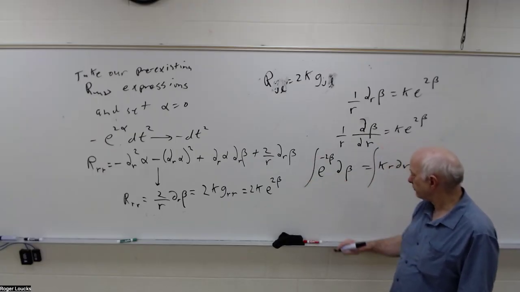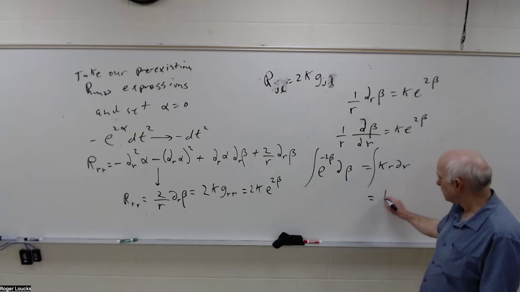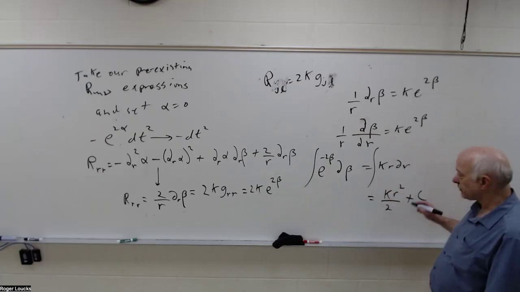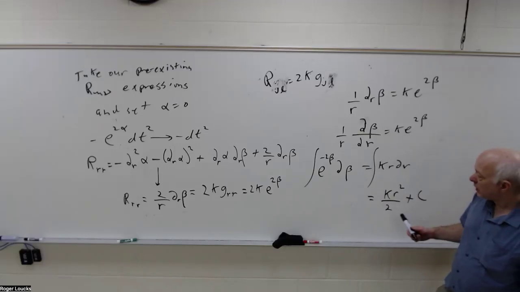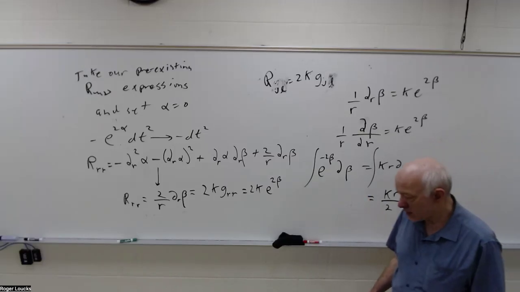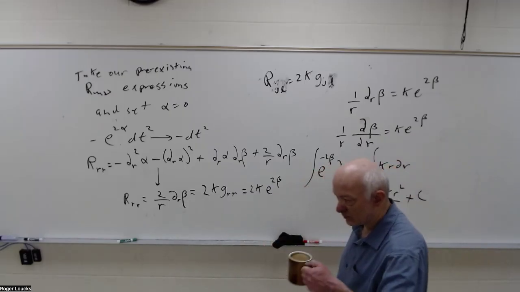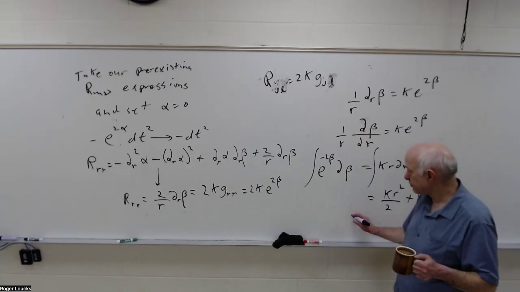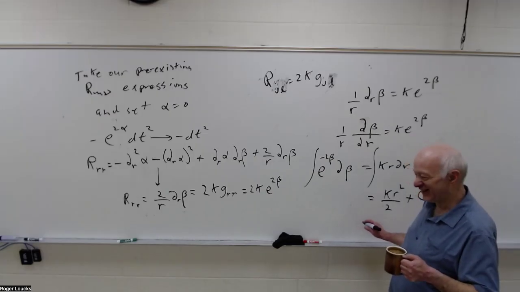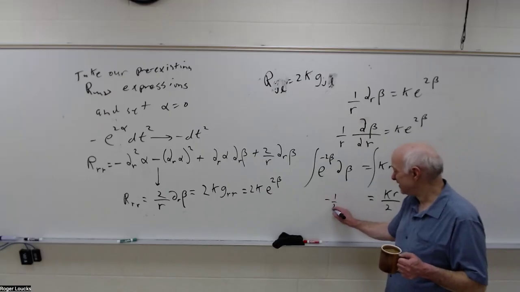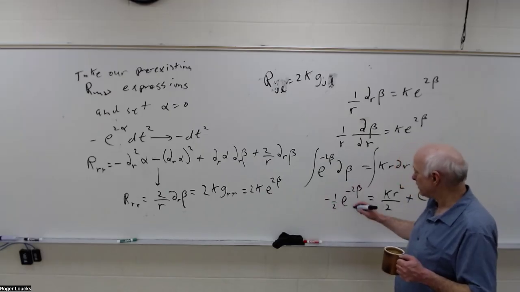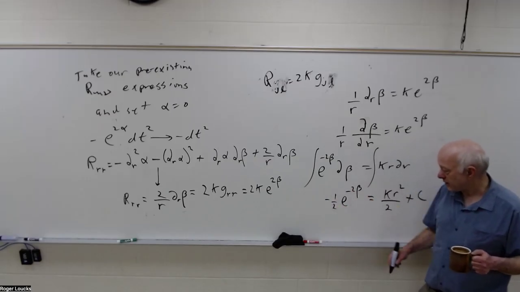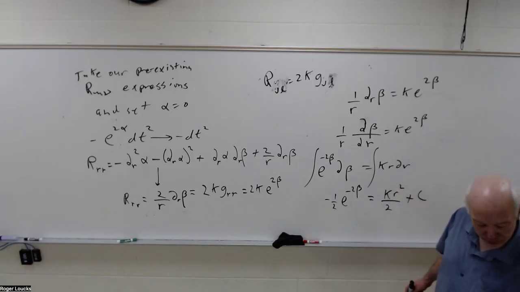This we can integrate more slickly. So this side over here gives me k r squared over 2. There could be some constant here that we have to figure out. And what does this side over here give me? Well, minus 1/2 e to the minus 2 beta. Because if I take a derivative of this with respect to beta, it pulls down the minus 2, and that gives me this here. And so the 2's go out.